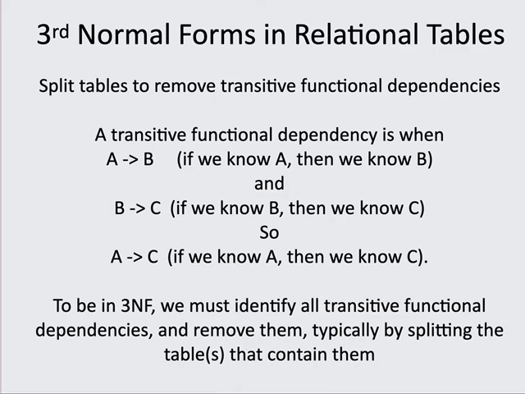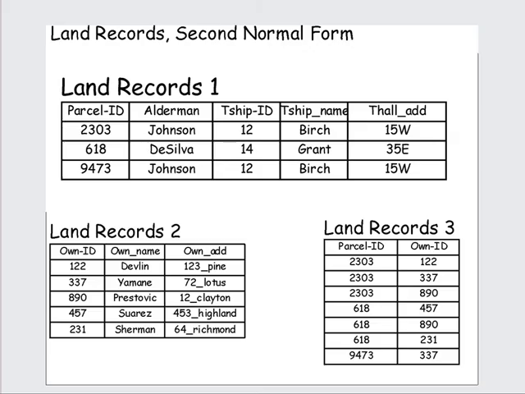If the table doesn't have anything that's dependent on a non-key attribute, I don't have to split the table further. But if I find something that's dependent on a non-key attribute, then I have to split the table. And so you'll sometimes see these tables. Now there's nothing that's dependent on a non-key attribute here, because this is all the same: owner name, owner ID, and owner address. But in this table, there's a transitive functional dependency.